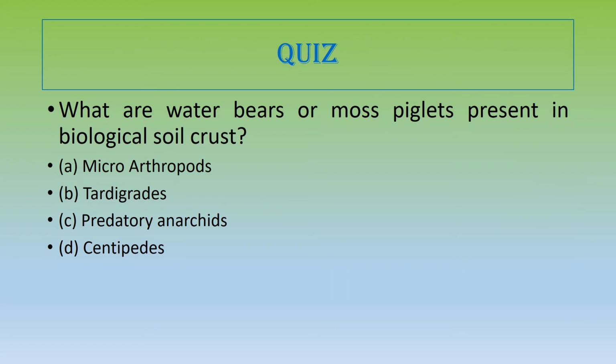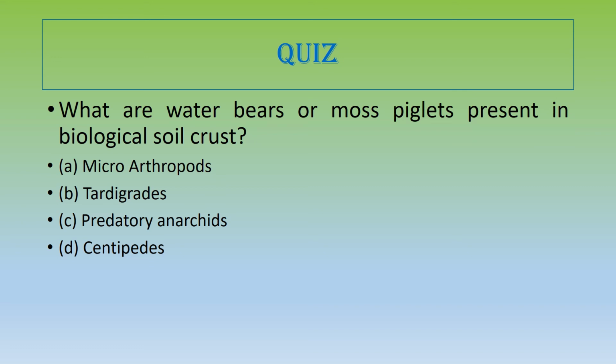Now is the quiz. We have discussed biological soil crust in the last slide. So, what are water bears or moss piglets that are present in biological soil crust? These water bears or moss piglets are actually micro invertebrates, that is, arthropods, and they are called water bears because their body is just like a bear. And they can also be called moss piglets because of their very slow toddling movement, which resembles that of a pig.